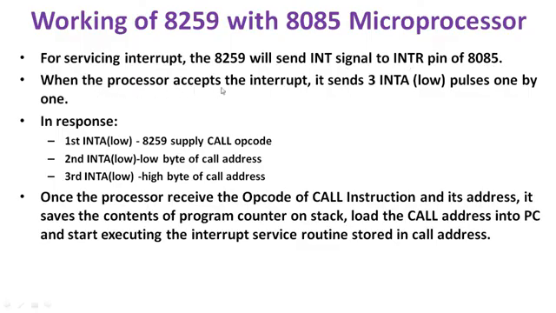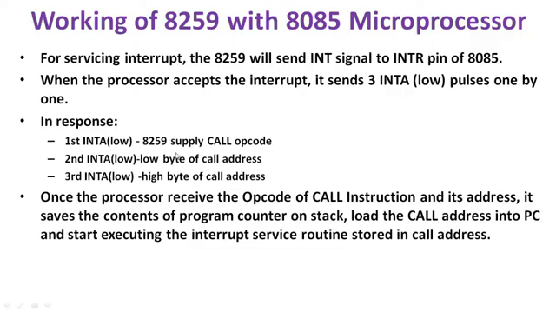When the processor accepts the interrupt, it sends 3 INTA pulses one by one. In response to that INTR signal, the 8259 will respond to 3 INTA bar pulses. The first INTA bar pulse will have the opcode of the call instruction, that is CDH.